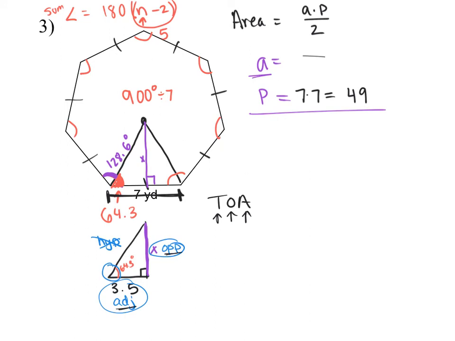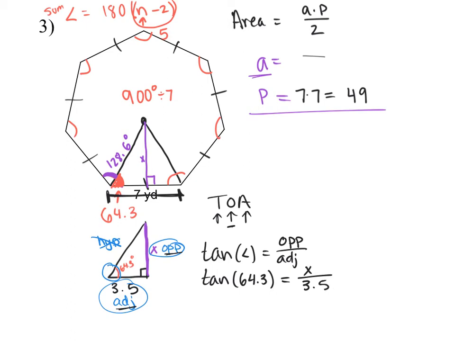Opposite and adjacent are what is involved in this problem. So the tangent of an angle always equals the opposite over the adjacent side. So the tangent of this angle, which is 64.3 degrees, must equal the opposite, which is x, over the adjacent side, which is 3.5. To get x by itself, I need to do the opposite of dividing by 3.5, which would be multiplying by 3.5.